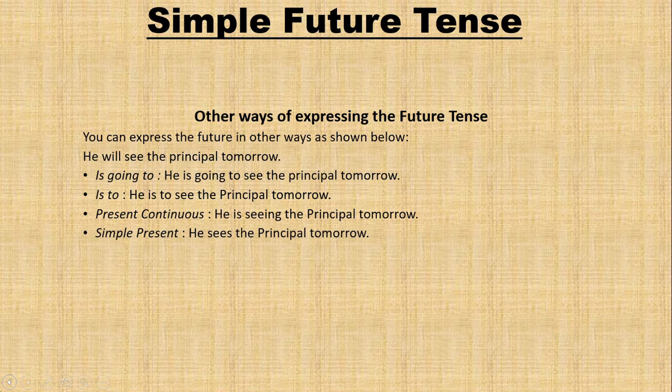He is seeing the principal tomorrow because he might possibly be seeing the principal right now also, and he will continue seeing him tomorrow also, like a repetitive, habitual thing. And in simple present, he sees the principal tomorrow, meaning it is fixed. He has been given the appointment or something. It is sure to happen. That is why. All right.